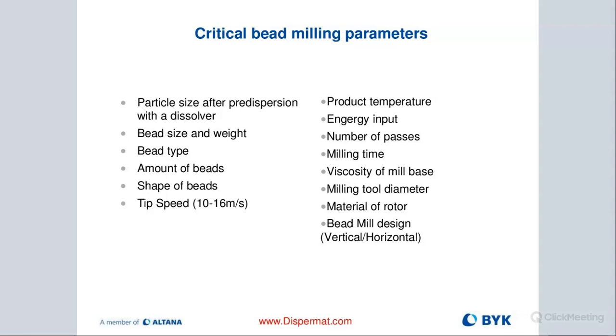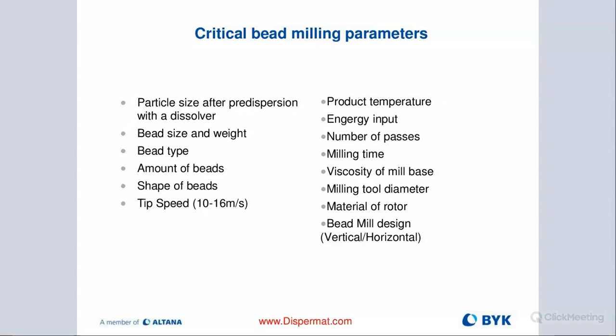The bead shape, are they perfectly round, as I just talked about? The tip speed, 10 to 16 meters per second to optimize that window. Temperature, very critical. You must have cooling, especially when you're milling. The amount of energy we're putting in, the number of passes through our milling chamber, the overall milling time.